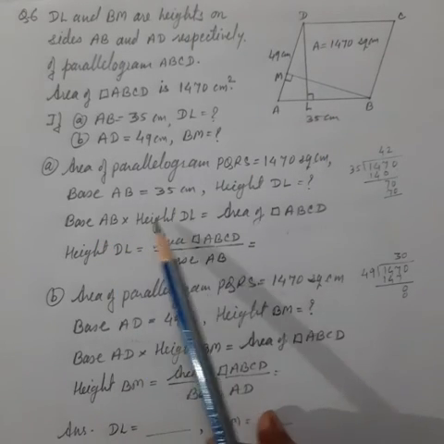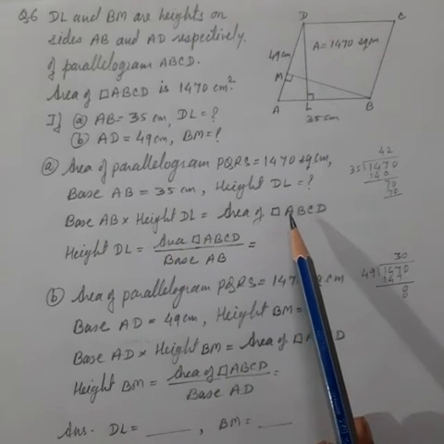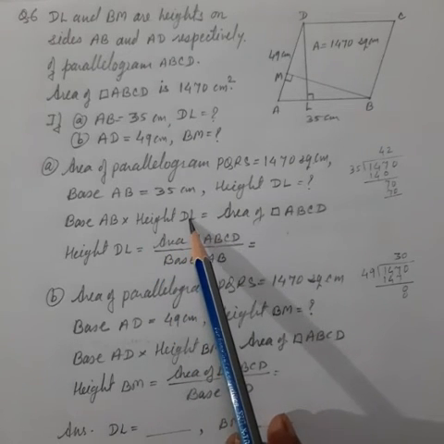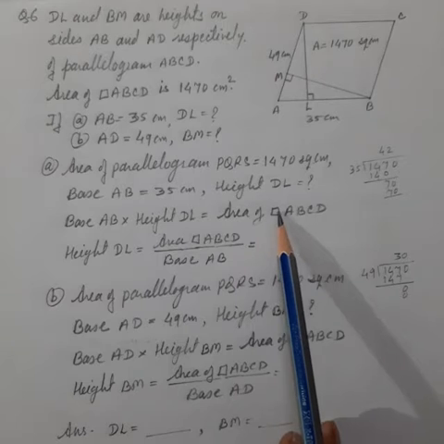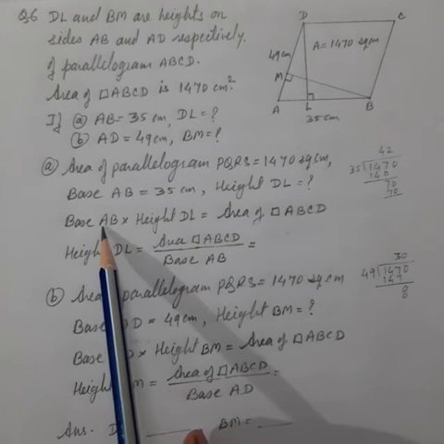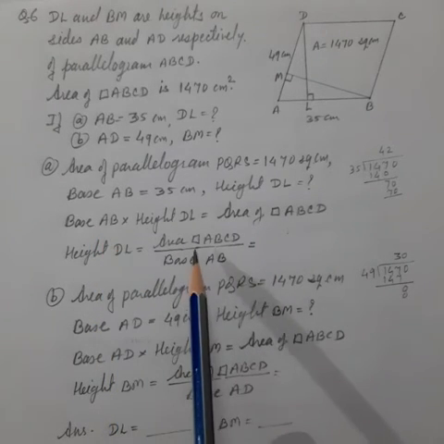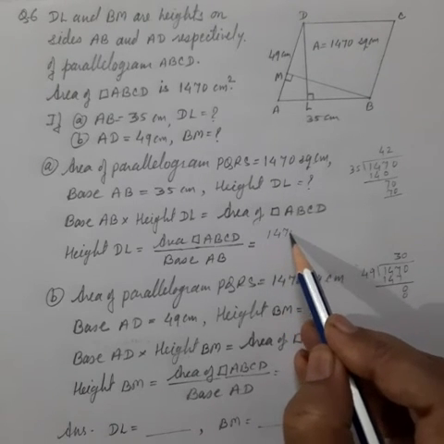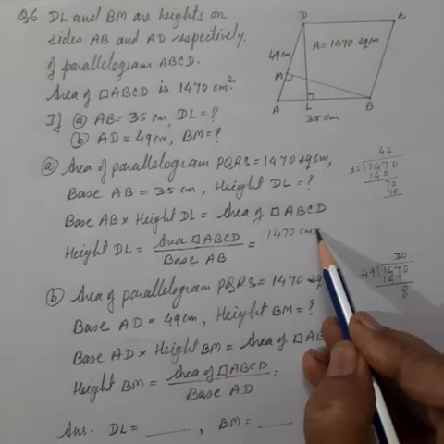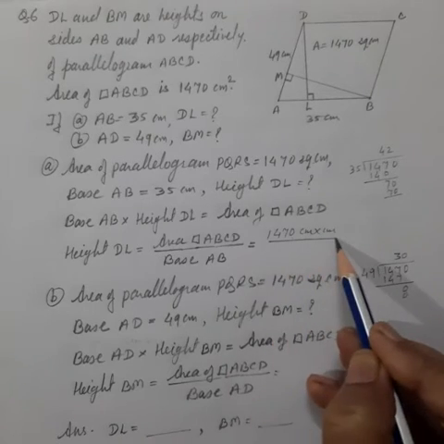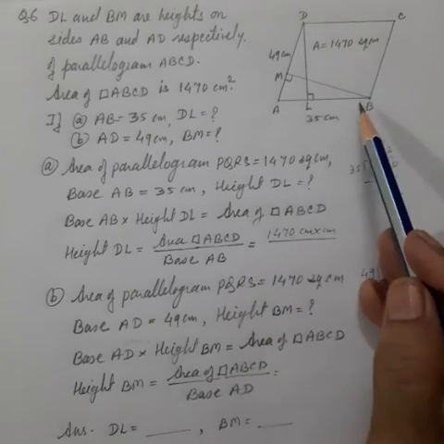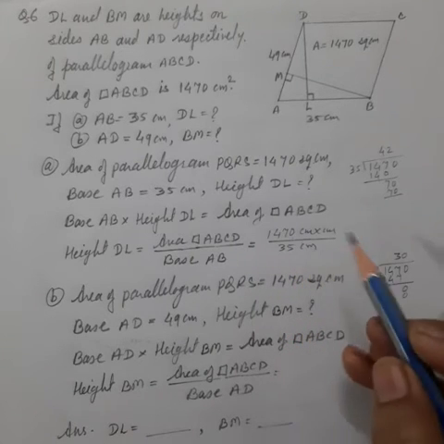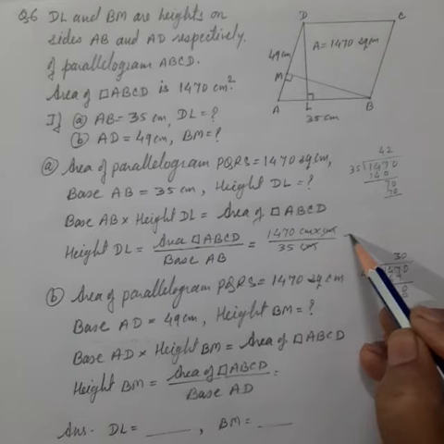We know that base into height is the area of a parallelogram. Here we have to find out height DL. So divide the area of the parallelogram by its corresponding base. Area is given here 1470 square centimeter, means centimeter into centimeter, divided by the base AB, its corresponding base, and it is given 35 centimeter. 1 centimeter will cut.